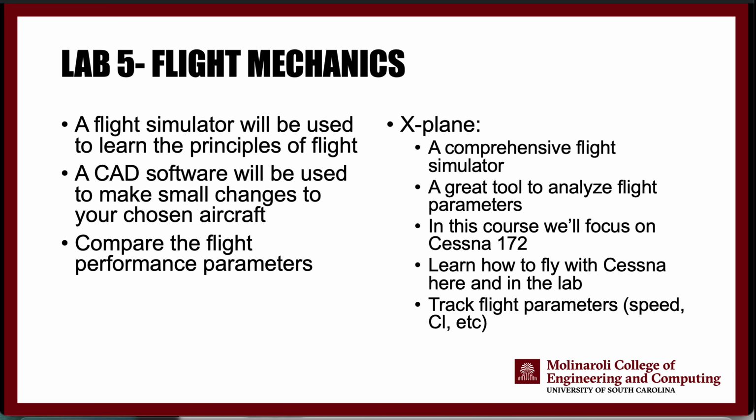Okay, so lab 5, you are going to use a flight simulator. As I said, you're going to use a CAD software that is built in with that flight simulator to change your aircraft, and you're going to compare the flight performance of the 2 different flights, like by drawing the CL versus alpha, CD versus alpha, and the drag polar.